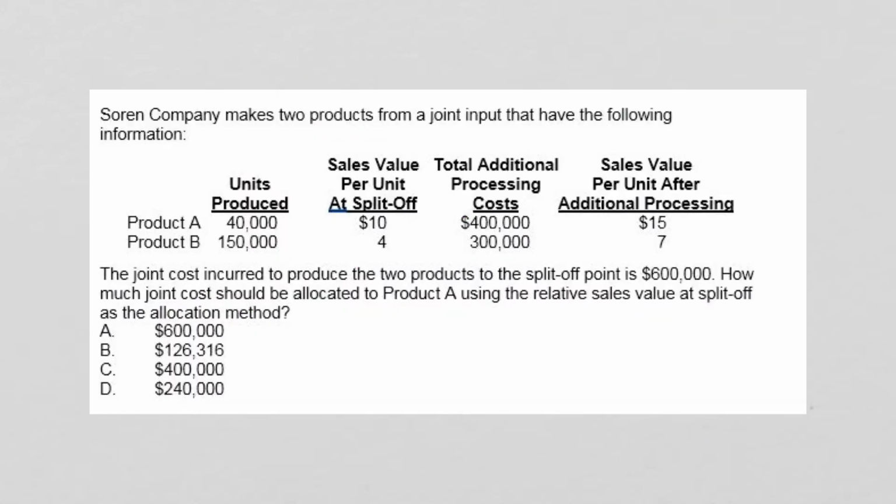Okay, moving right along, we're now looking at a joint cost problem, and what we want to do is use the relative sales value to allocate the joint costs. So the relative sales value is sort of a weighted average of sales between the two products, and the way you'll be doing that is units produced times the sales price, that is sales value at split off.